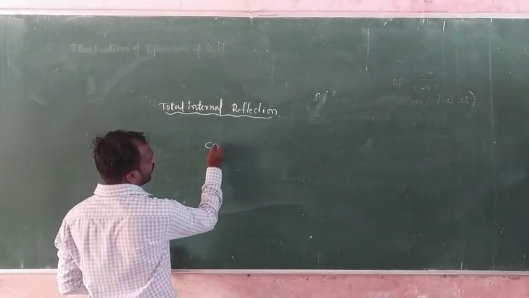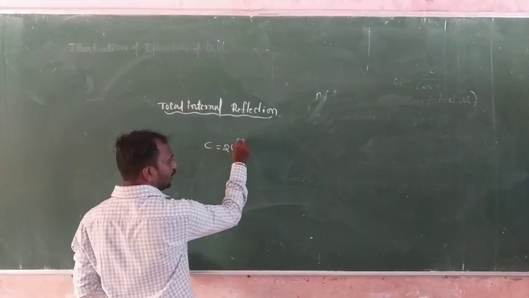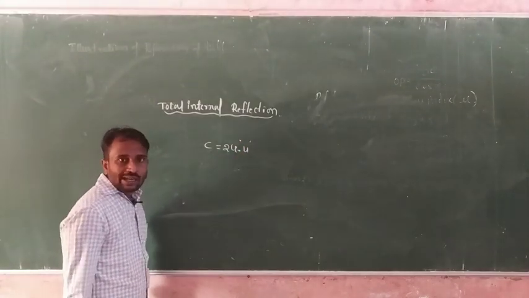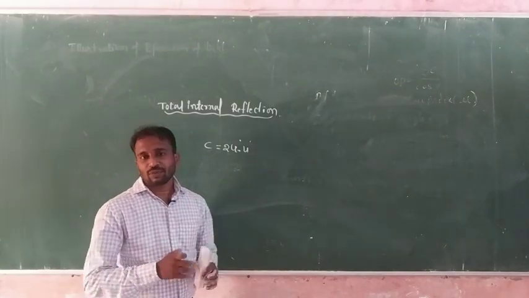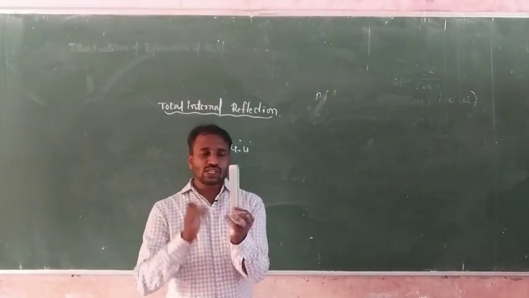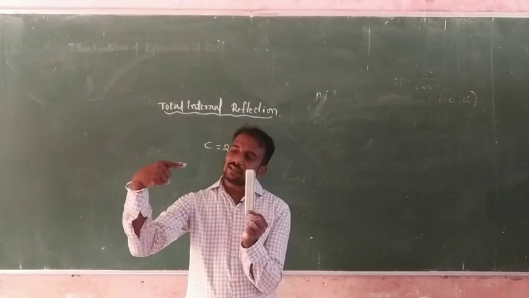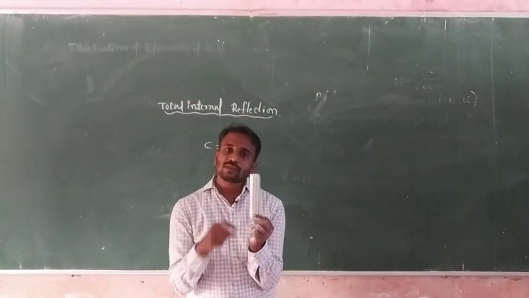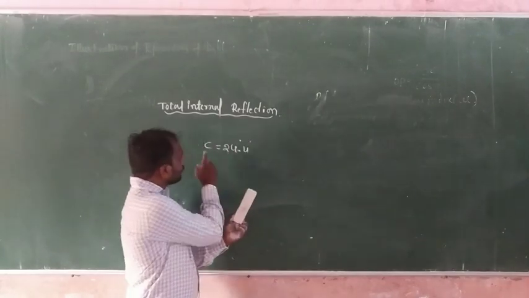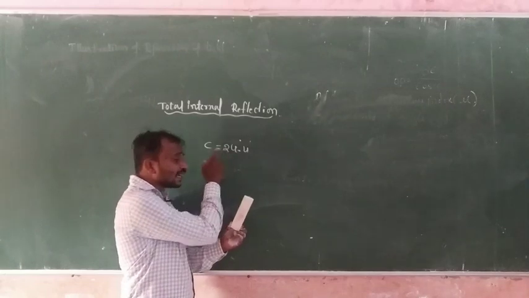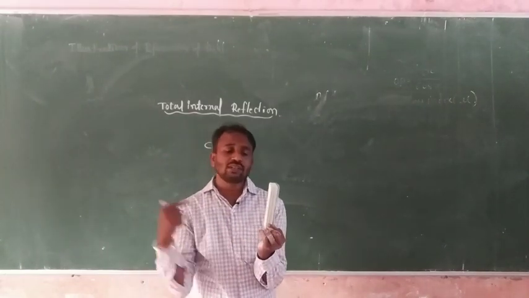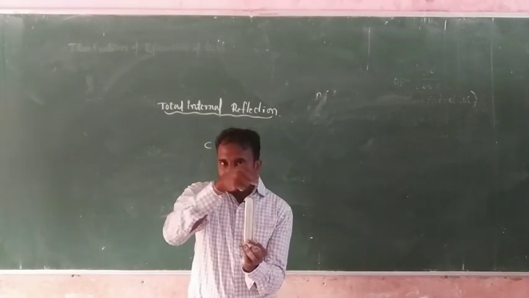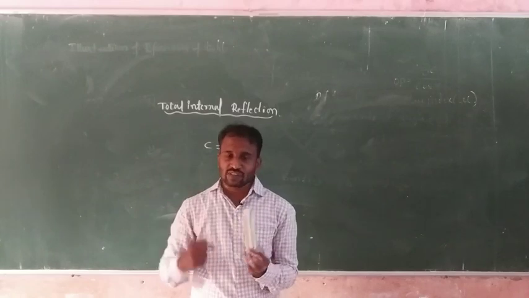The critical angle of a diamond is 24 degrees 4 minutes, which means 24.4 degrees. Suppose this is a diamond and a light ray enters inside it. When the angle of incidence is greater than 24.4 degrees, the light ray is completely internally reflected.